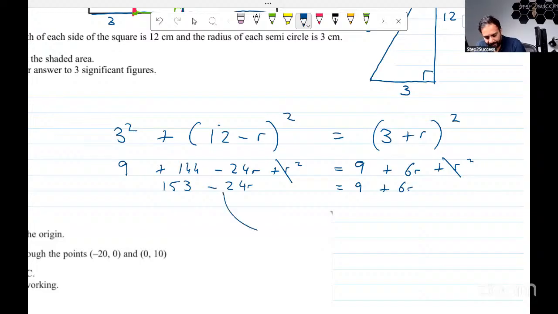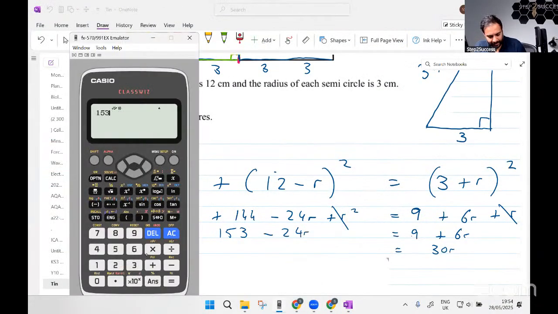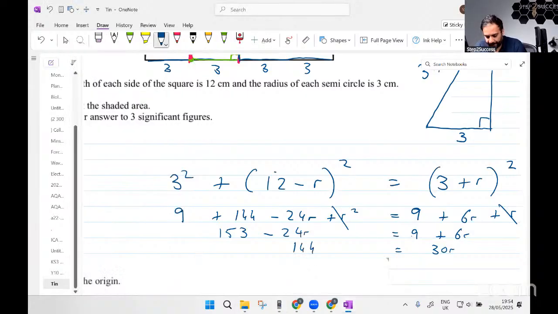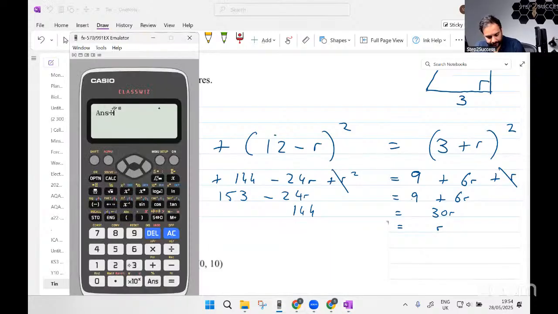If I add this 24r to this side, I'll get 30r on that side. If I subtract this 9 from 153, I'll get, oh, my head hurts. 153 take away 9 is 144. Okay. And then r is 144 divided by 30, which is 4.8.